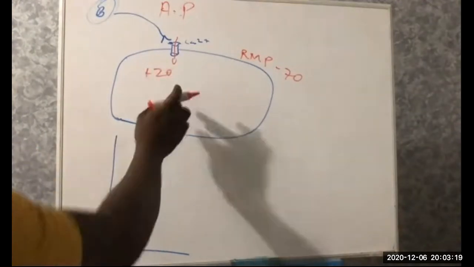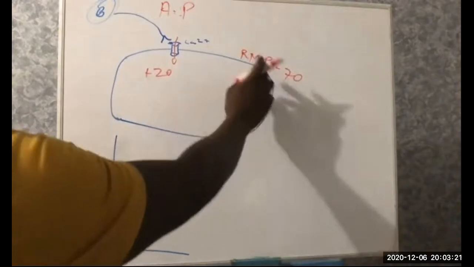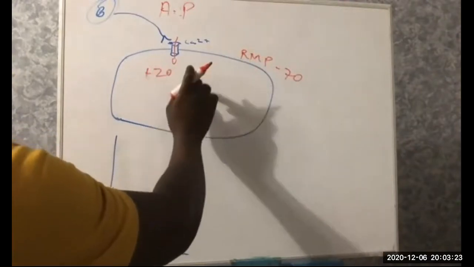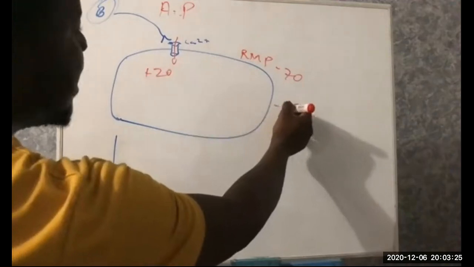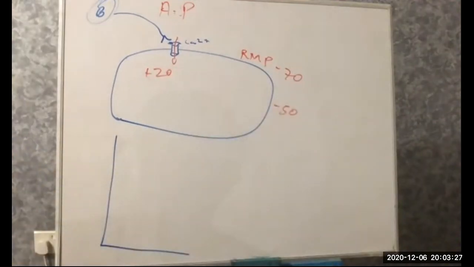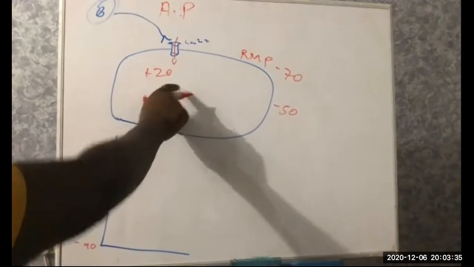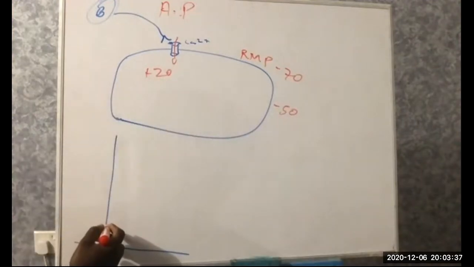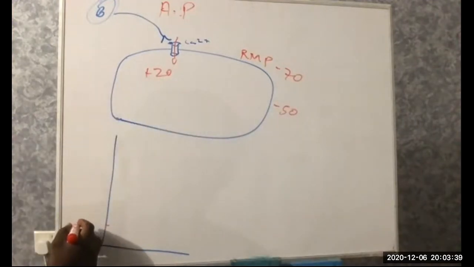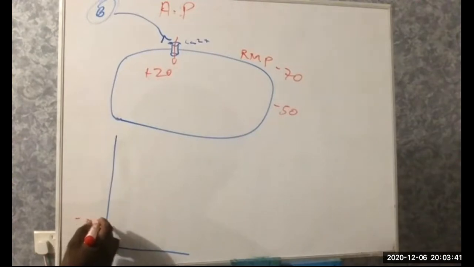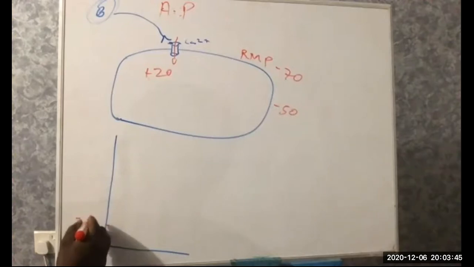Because 20 positives are moving in, the inside will change to what? Minus 50. Now let's put the resting membrane potential as minus 90. Once 20 of the calcium comes inside, the potential moves towards minus 70, sorry, minus 50.